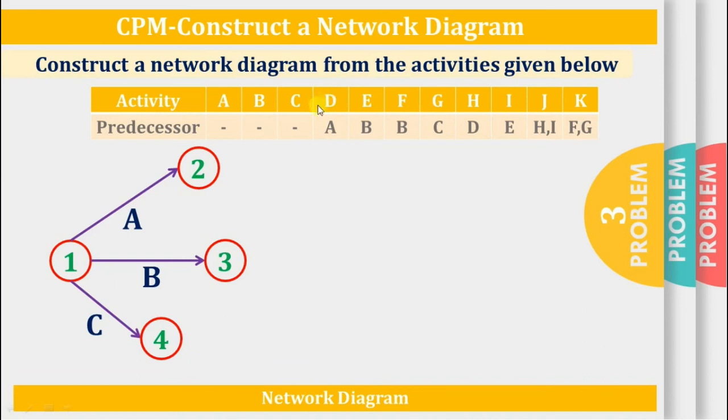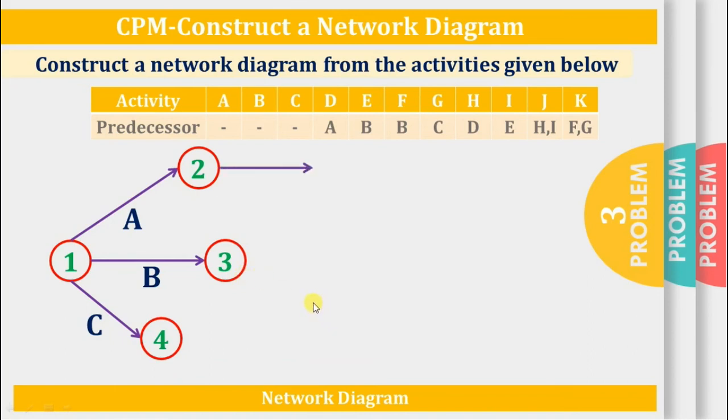Now move to activity D. Activity D has A as a predecessor, so D will be here. Activities E and F have the same predecessor, B. So E and F will be here.